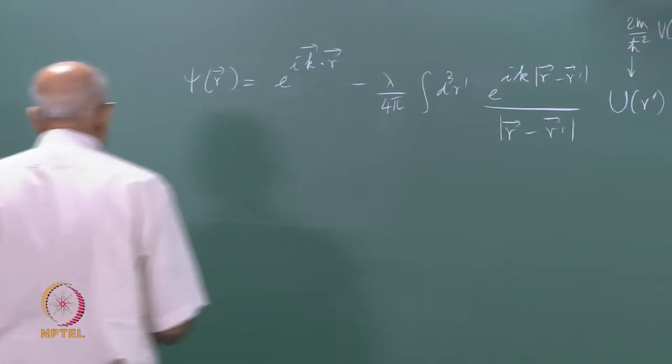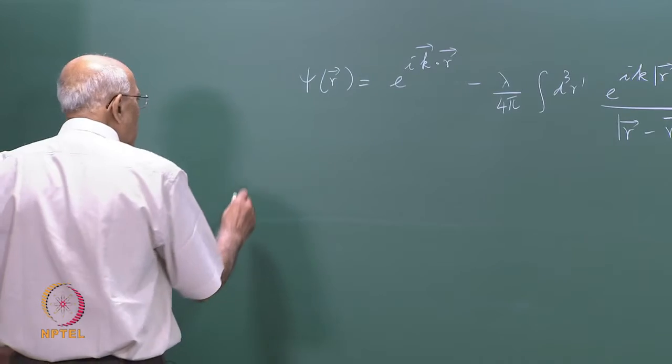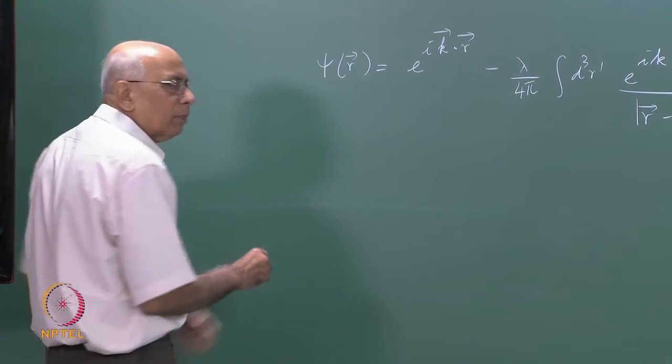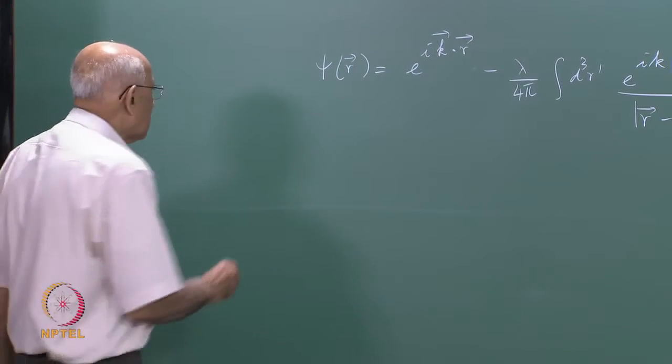So a general equation of the following kind, and I will say a few more words about it. For simplicity, let us look at a scalar variable, just a single variable.